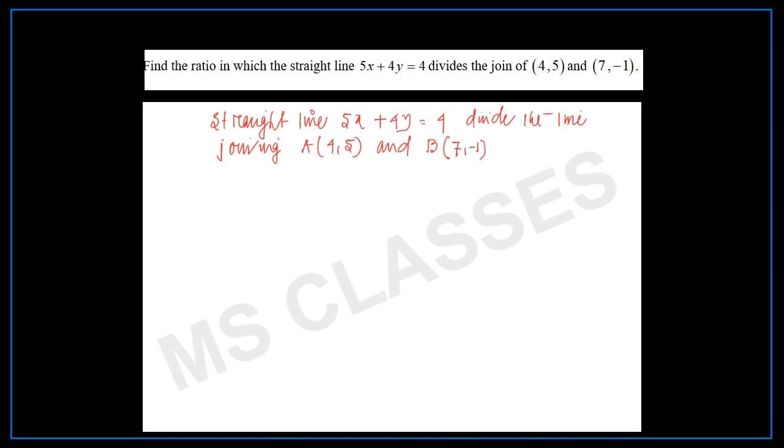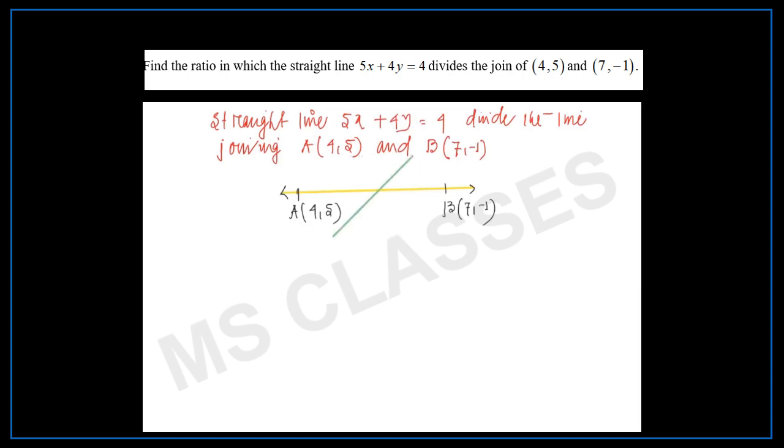Now, if we just try to understand the conditions given to us by plotting the points, this is 4, 5. This is the point B which is 7, minus 1. Now here is a line.